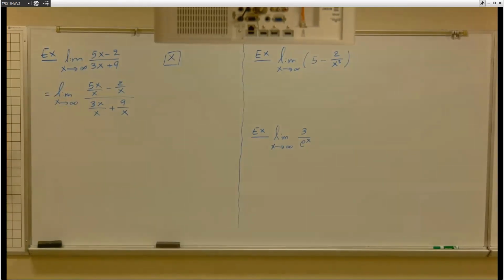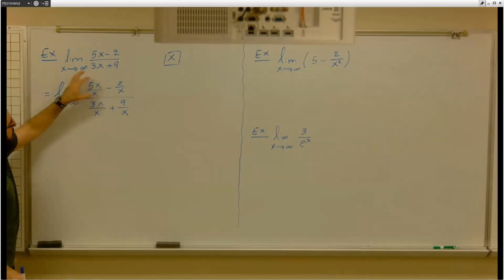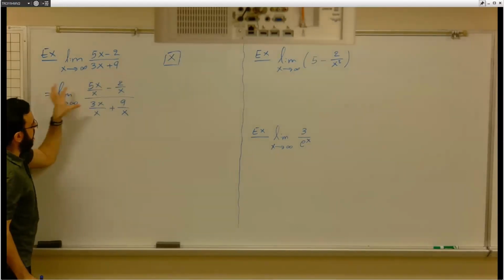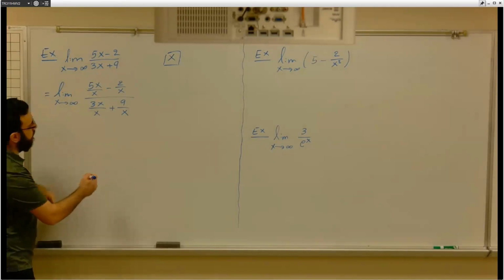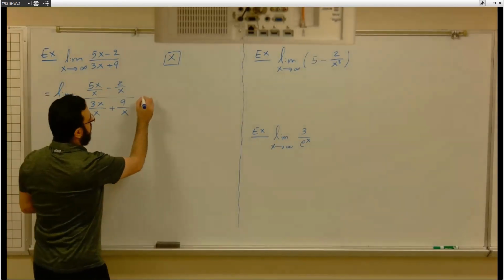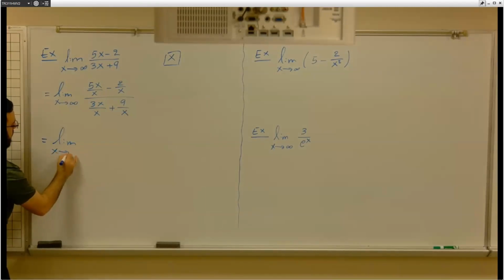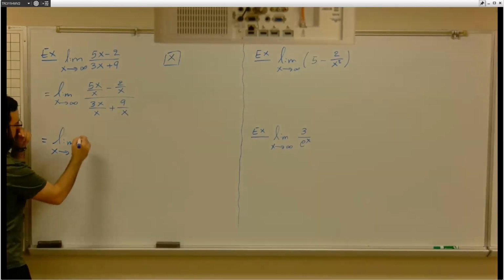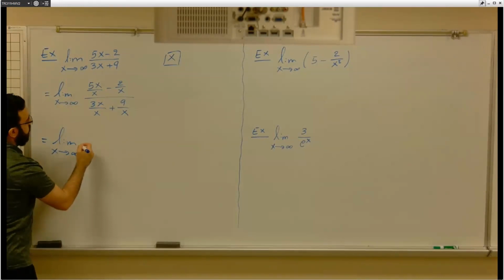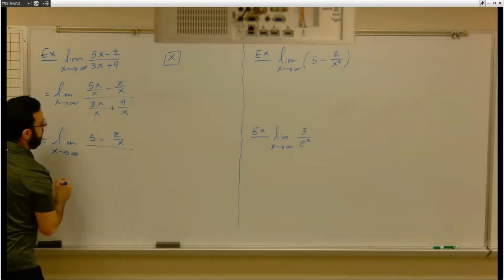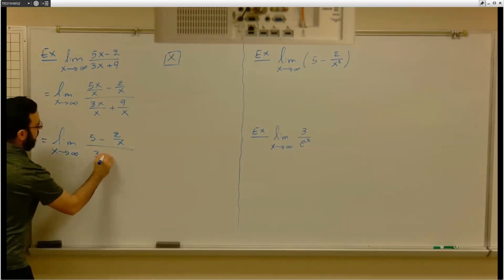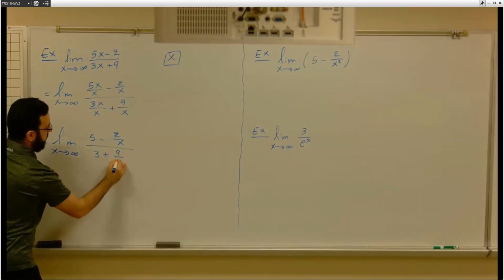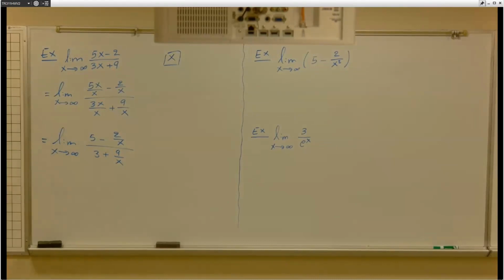I can say, okay, it's the limit of this term, the limit for this term, the limit for this term. Now I need to simplify it. So this one is going to be the limit as x approaches infinity. Simplify this one, it's going to be 5 minus 2 over x divided by 3 plus 9 over x. I can't simplify it anymore.